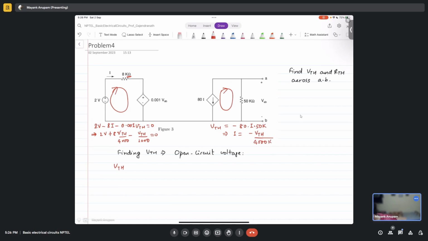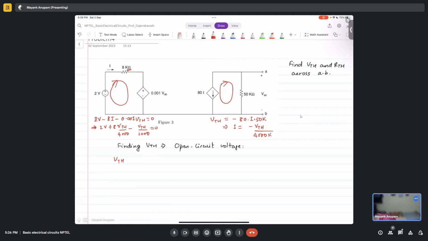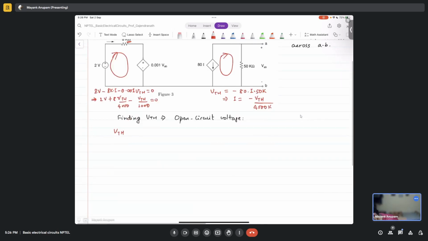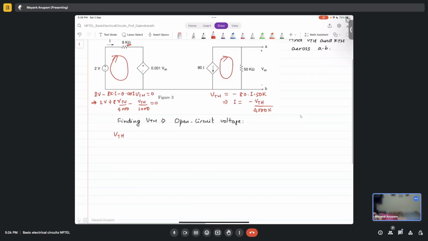Okay. No, it's actually correct. Whatever I got is correct. So what is VTH? VTH is 2000 volts. That is what I'm getting.